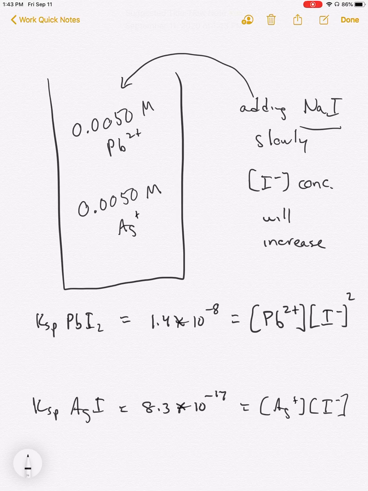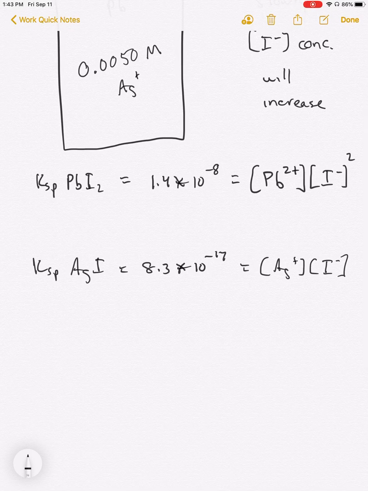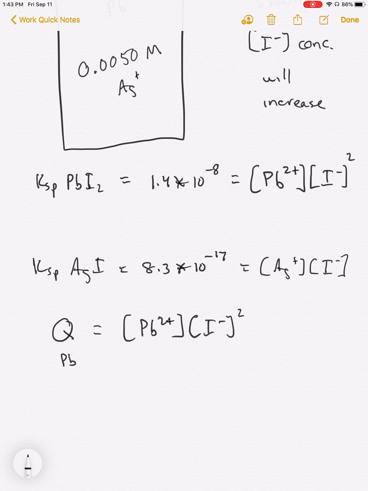So as this iodide increases, the Q will increase because Q has the same expression as the K, except it's not necessarily at equilibrium. So for the lead 2 iodide, the Q is going to be the lead concentration times the iodide concentration squared.